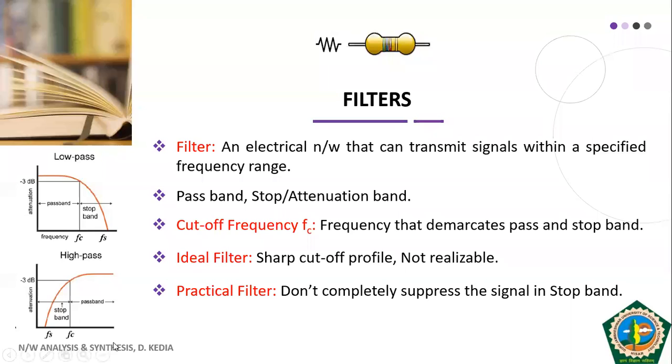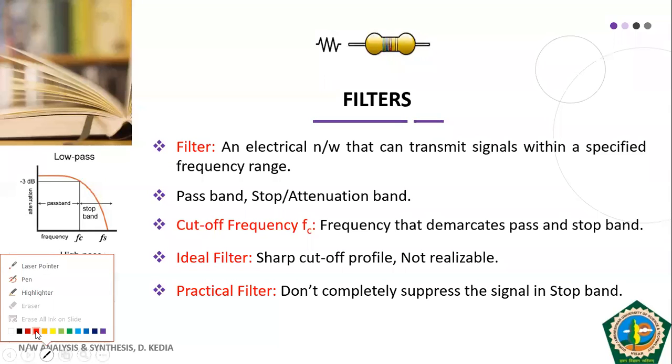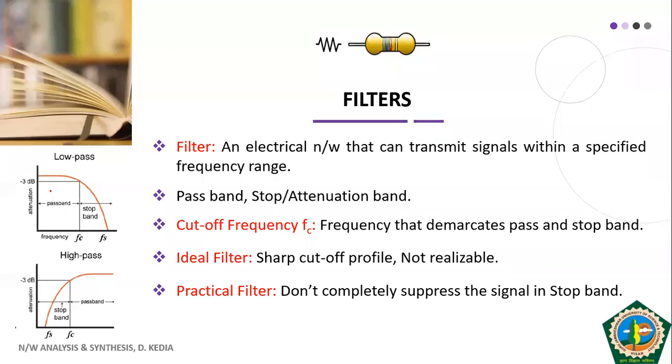So if we try to visualize the concept of ideal filter, its frequency response looks like this. Okay, so in case of ideal filter, we have sharp cutoff profile. What does it mean? That within the pass band, your signal will be passed as it is.